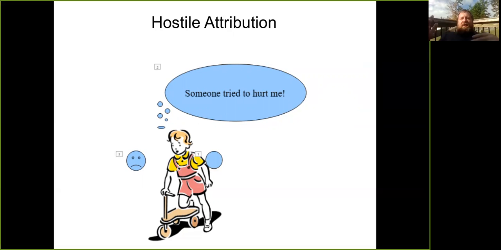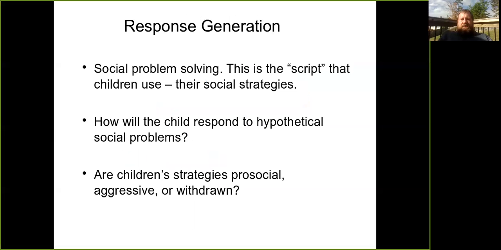So if it's not clear if the person's intention was accidental or aggressive, children who are more aggressive are more likely to attribute that the other person's behavior was aggressive. We'll see that again when we talk about social behavior and aggression. But this is a finding that's been found by a large number of studies and a large number of participants.